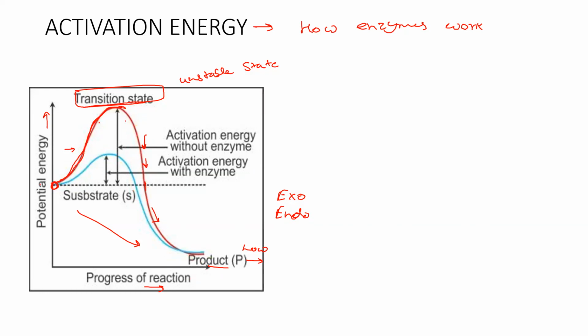So this energy which is required for the substrate to reach the transition state is called activation energy. When enzymes are introduced, they reduce the amount of activation energy, so the substrate converts into the product easily.